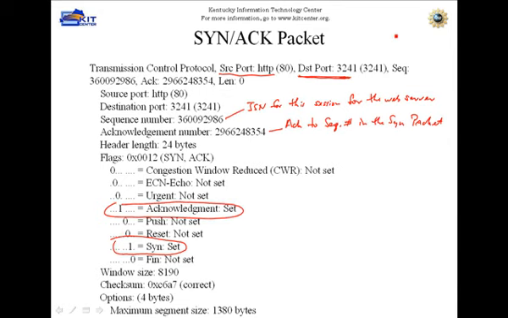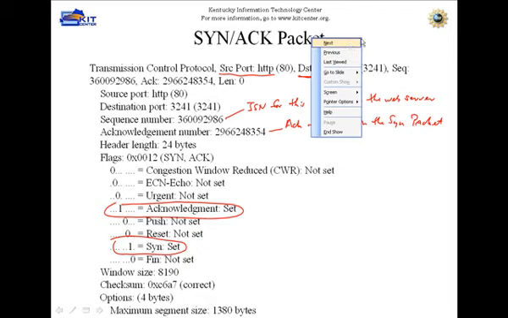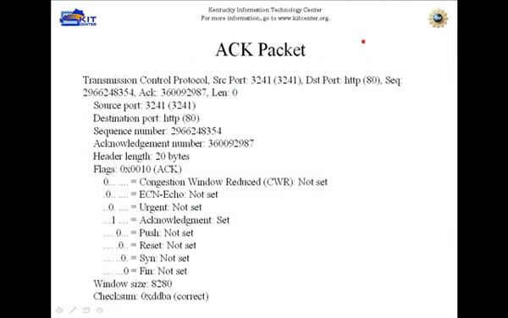Now, let's look at the final packet here. This is the ACK packet. Again, notice the source port, destination port have reversed again back to what they were in the first packet. Notice here that the sequence number corresponds to the number of workstation 1.